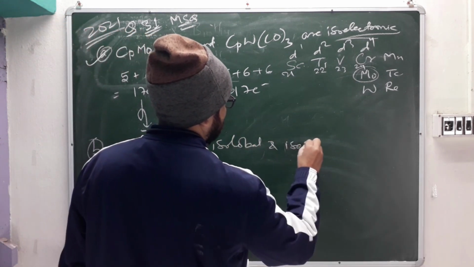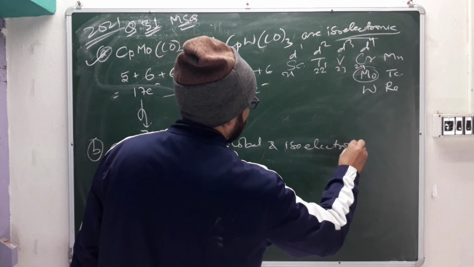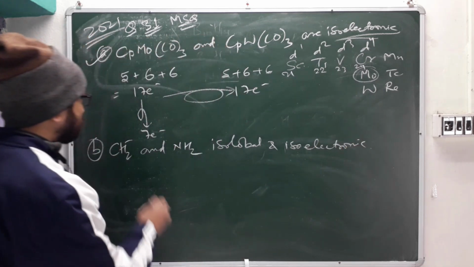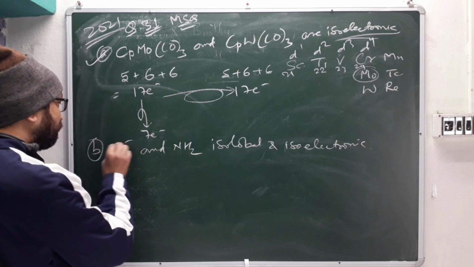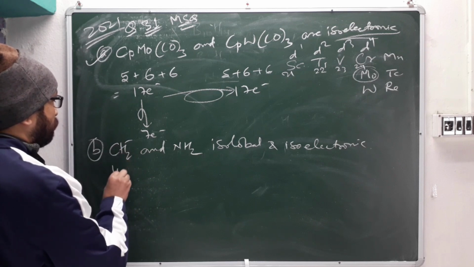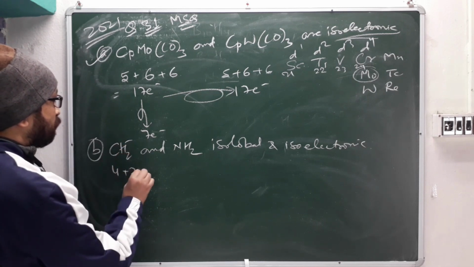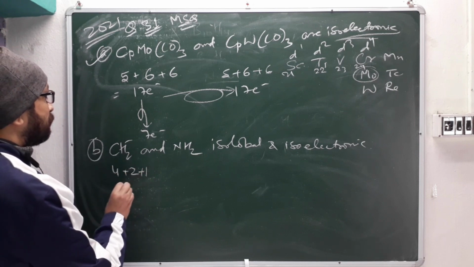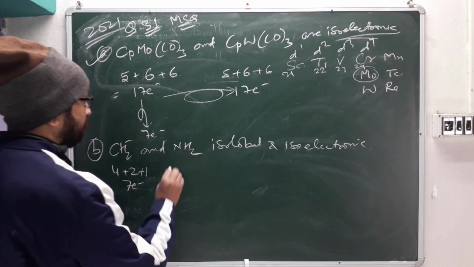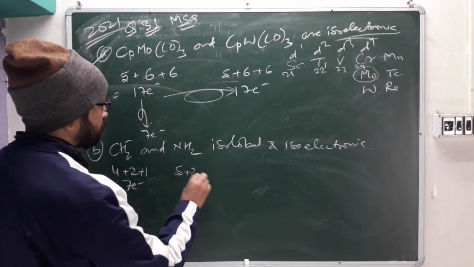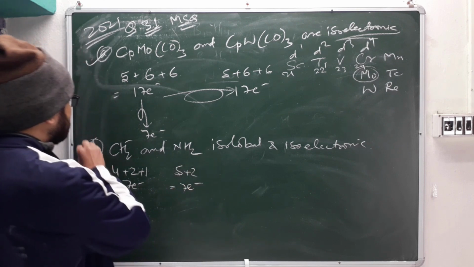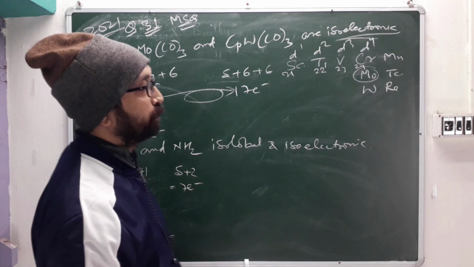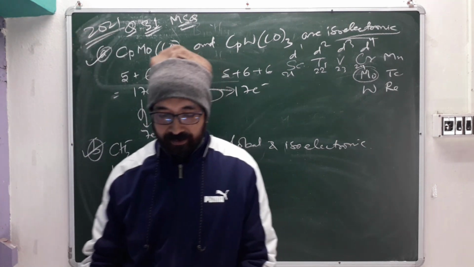So now you have to see how many valence electrons are there. 4 plus 2 hydrogen and 1 negative charge. So negative you have to add it. So how much? 4, 2 and 1, 7 electron. Here we will see 5 plus 2, 7 electron. This is also correct. These are isolobal and isoelectronic, correct?